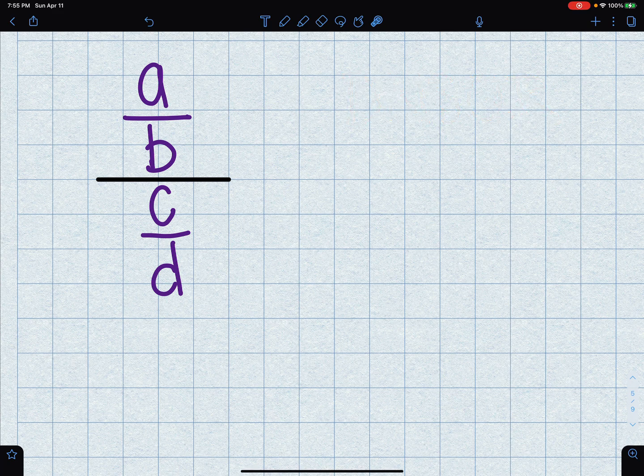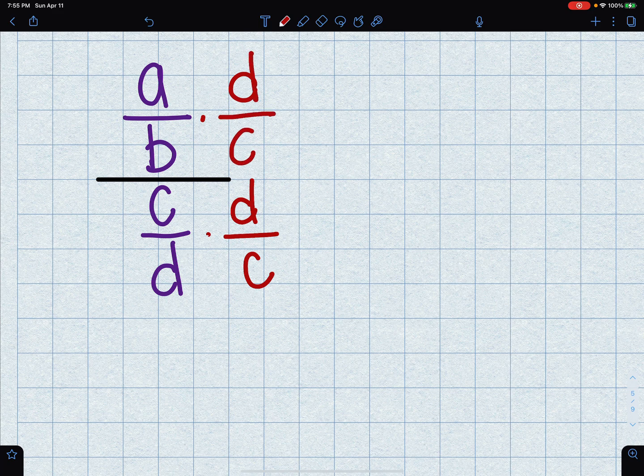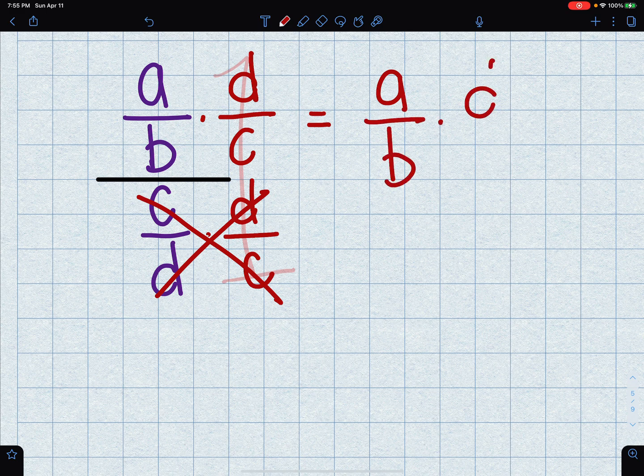That means if you multiply the bottom of this by d over c and the top of it by d over c, you're not changing the value of anything because you're multiplying the top and the bottom by the same fraction, which is basically multiplying it by a big number 1. So if you do that, then these cancel out and you end up with a over b times d over c.